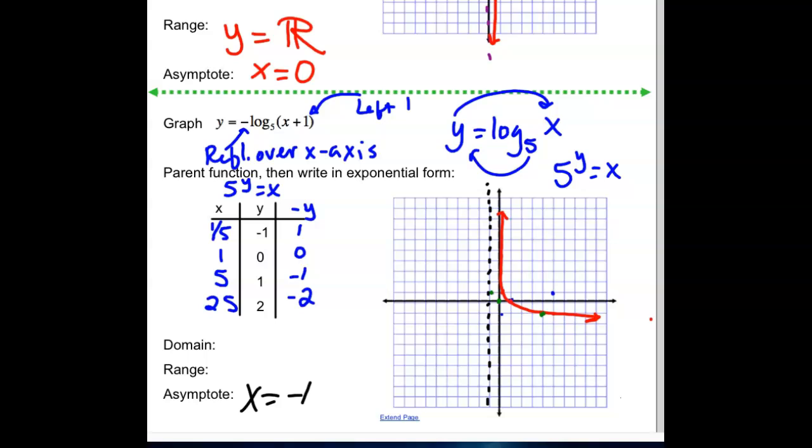And our graph now is going to come down along this and curve off to the right. Domain now, since we've shifted everything left 1, our x's have to be greater than negative 1. They're to the right of that asymptote. Again, these are tied together. And our range, again, is always all reals.